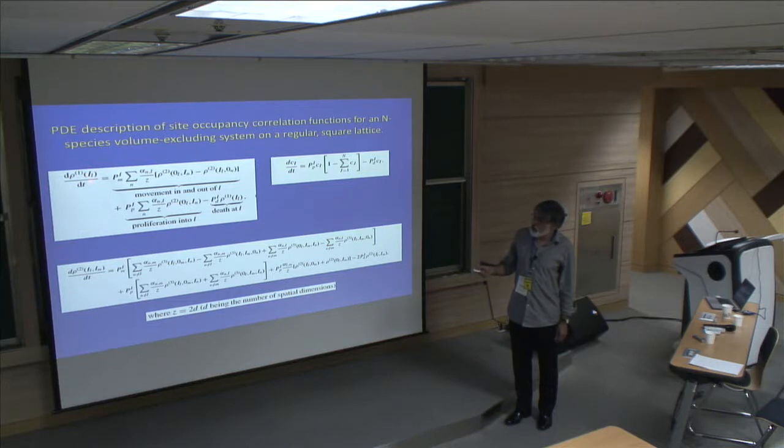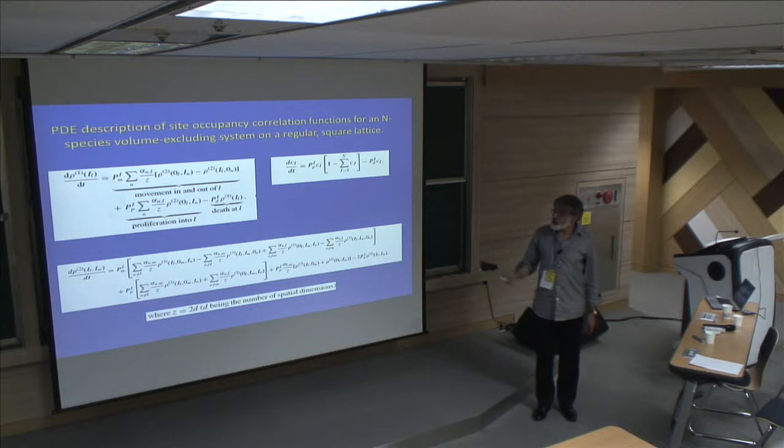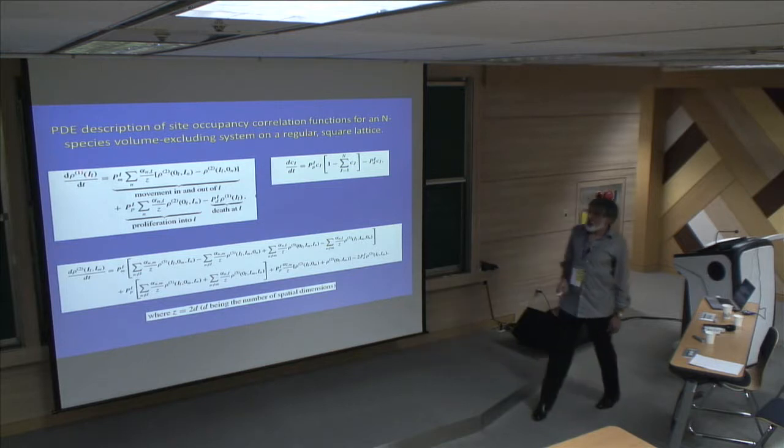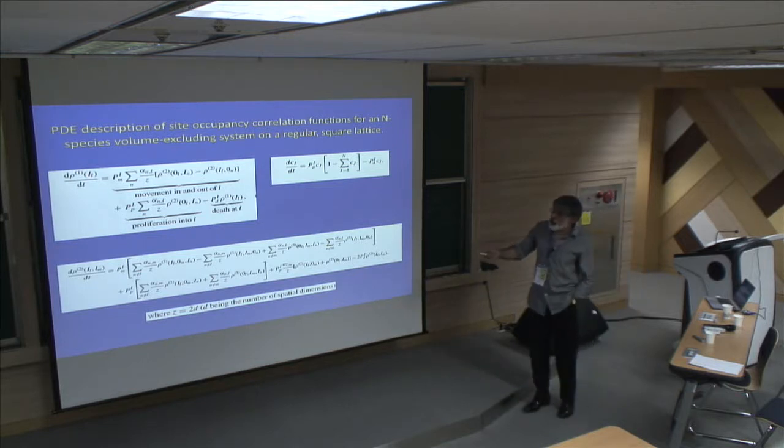That means there's an occupation of a cell in site L. And then it's very easy to write down the equation. How does this change? Well, suppose there's a neighboring lattice site that's free, that's got nothing sitting there, and then with a certain probability you move from there to there. Sorry, you move from there to there. I got that the wrong way around.